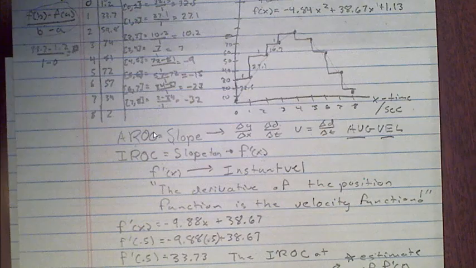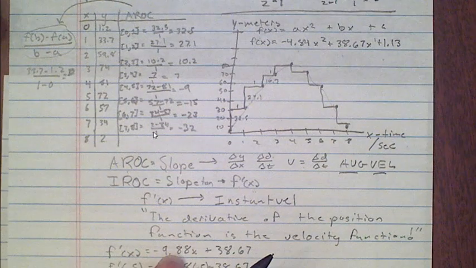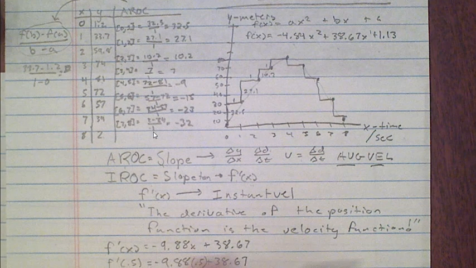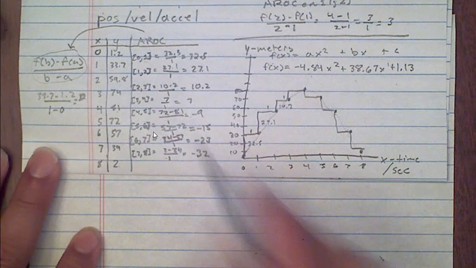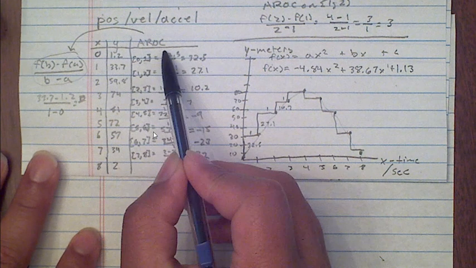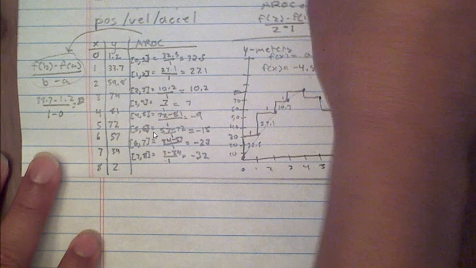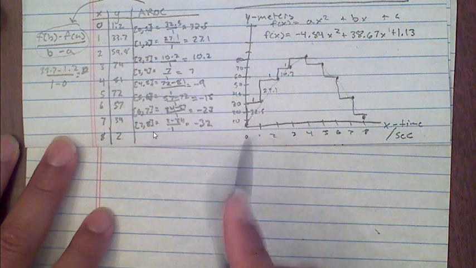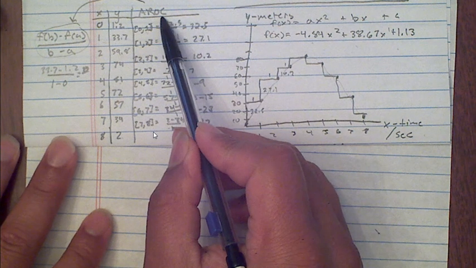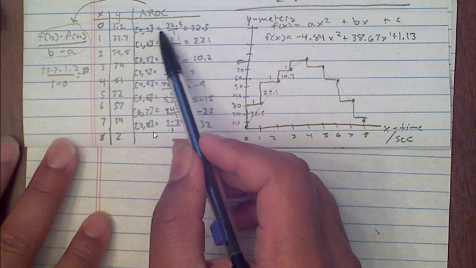Alright, so cool. Right here, here are x's, here are average rates of change. We're essentially graphing the average rate of change, which is the estimated derivative.